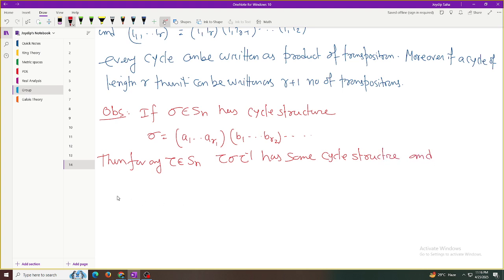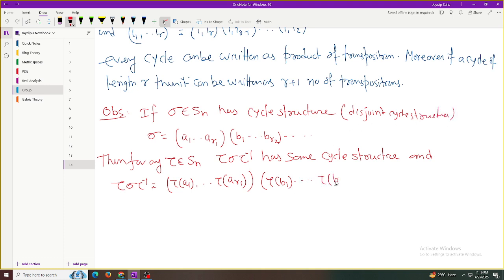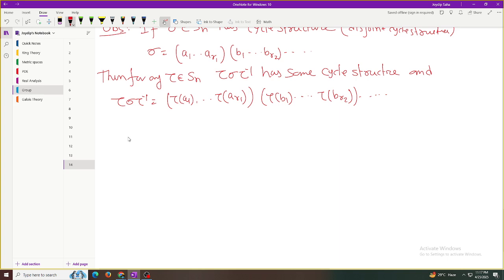And tau sigma tau inverse equals actually (tau a1 ... tau ar1)(tau b1 ... tau br2) and so on, a disjoint cycle structure.